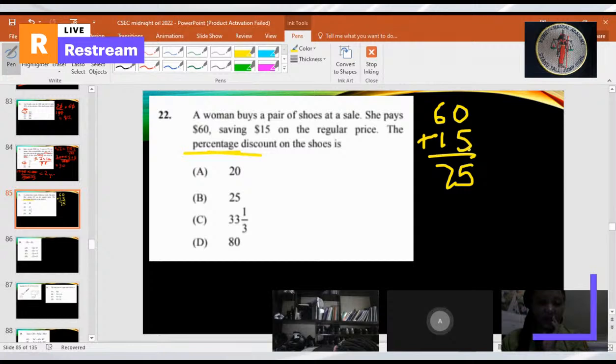And since she got $60, that would be 60 over 75 as the fraction. No, she paid $60. She saved 15. So this is the discount, the 15. So it will be the discount over the original price, 15 over 75, times 100.